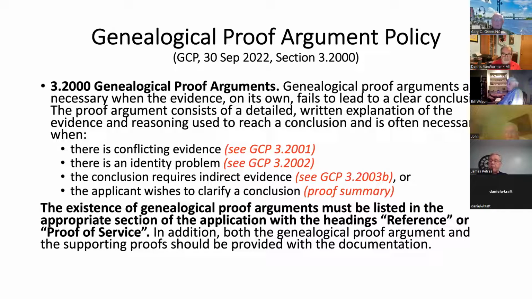In the past we had just listed documents and then the reviewer would just find this extra sheet when they got in the pile. But now we say that you should actually list that you have a proof argument. Again, I'll provide you with some examples and ways on how to do that.